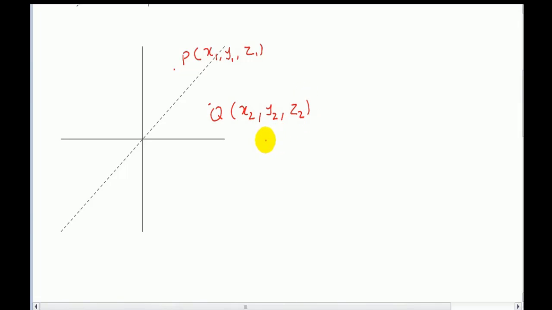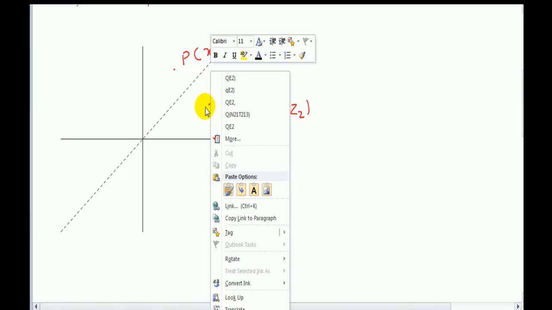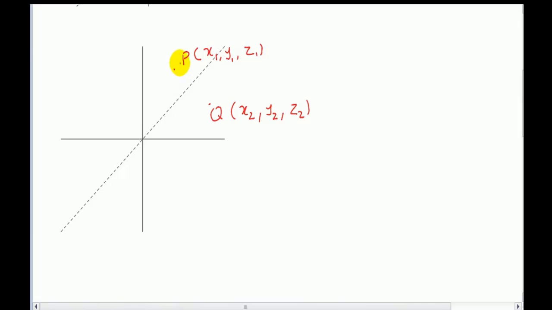These are my coordinates for point P and point Q. So let me join these to the origin. So basically this is OP vector, the position vector for P. This is OQ vector, the position vector for Q. And I want to find this vector PQ.